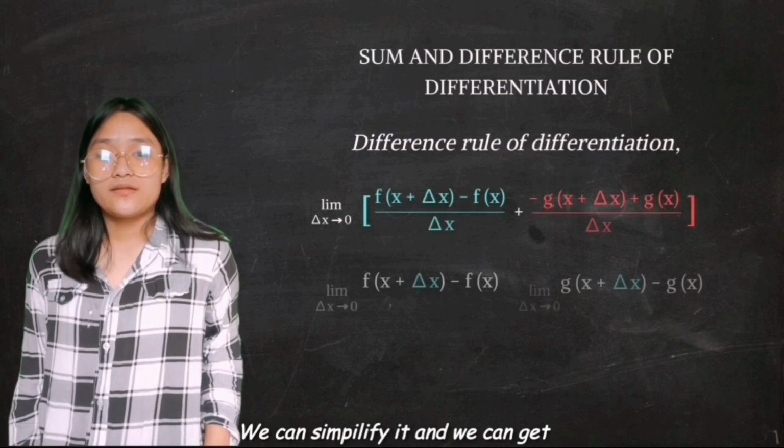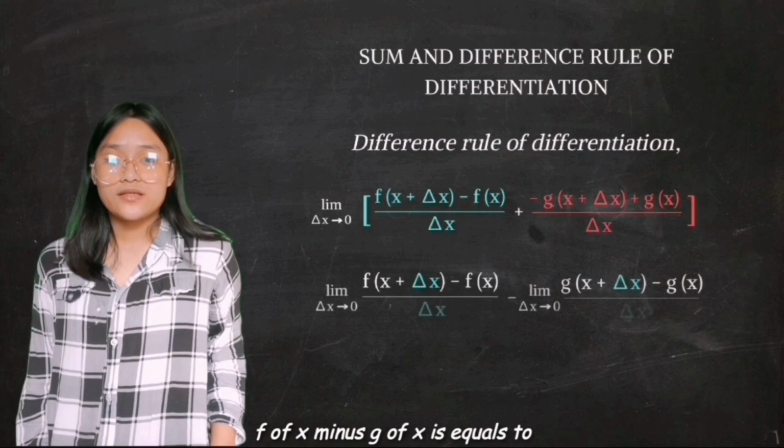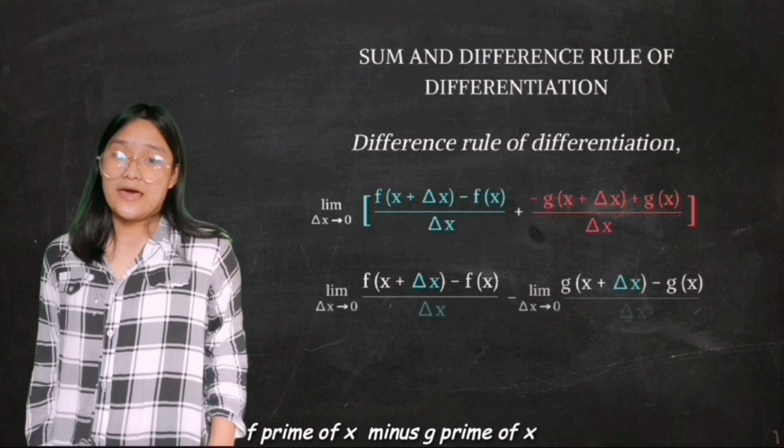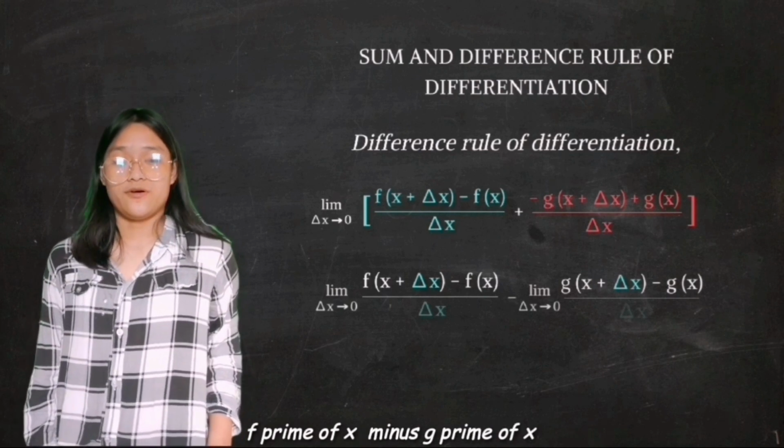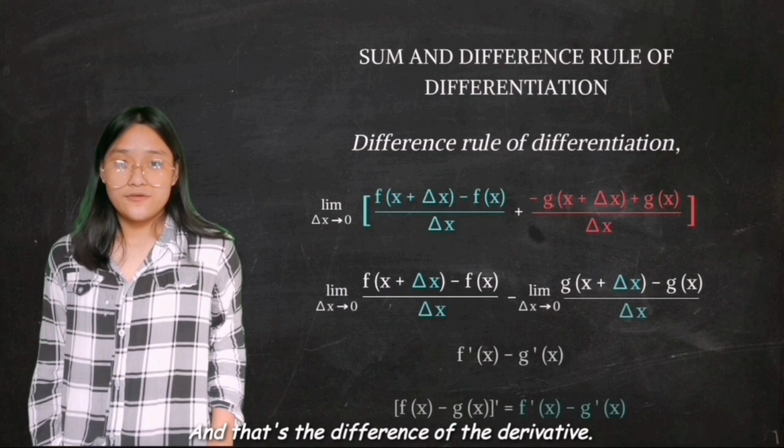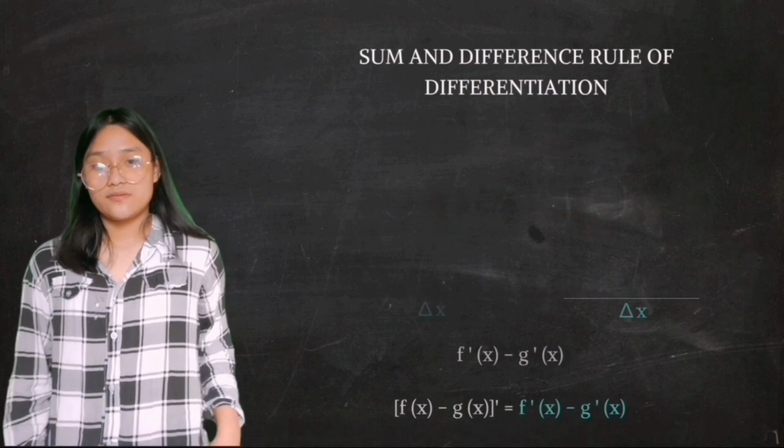We can simplify it and get F prime of x equals f prime of x minus g prime of x, and that's the difference of the derivatives.